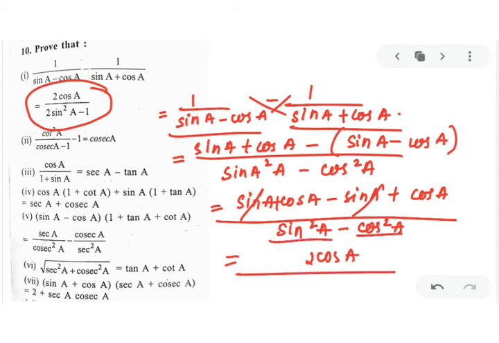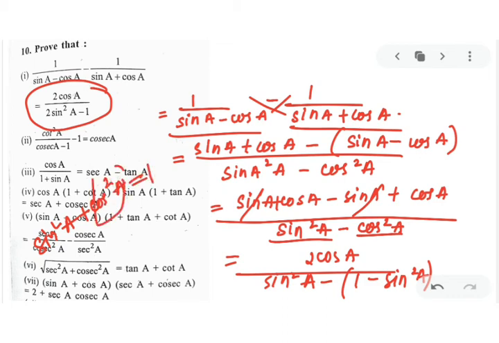Instead of cos² A, I will prefer to write minus (1 - sin² A). Yes, why have I written instead of cos² A, 1 - sin² A? Because you have sin² A + cos² A is equal to 1.